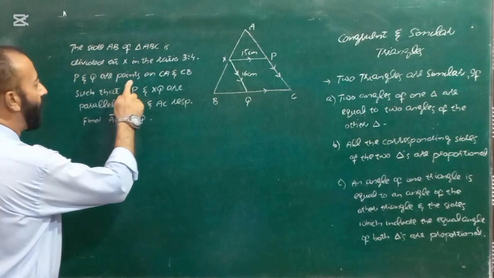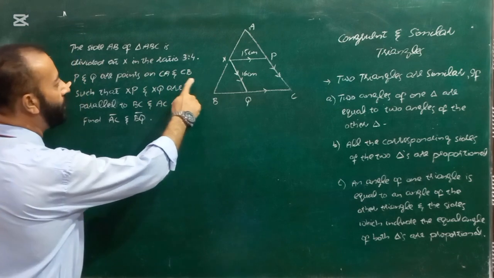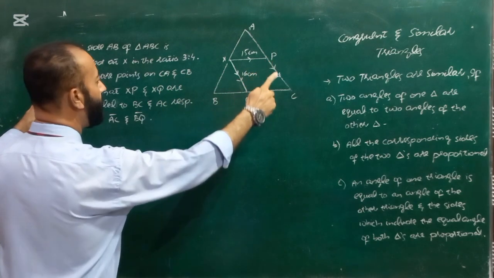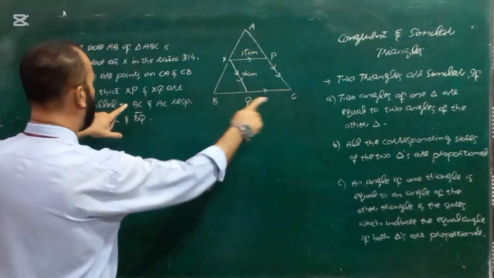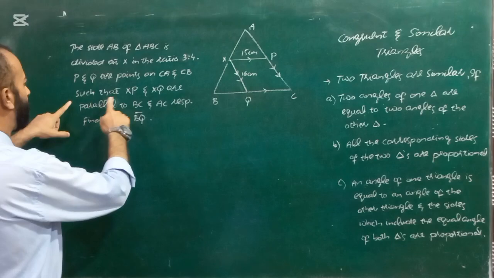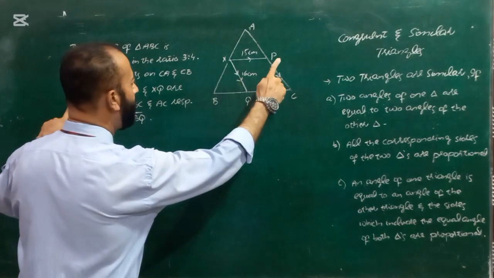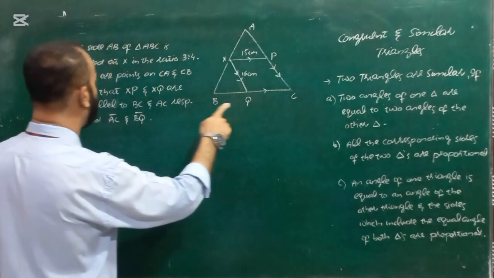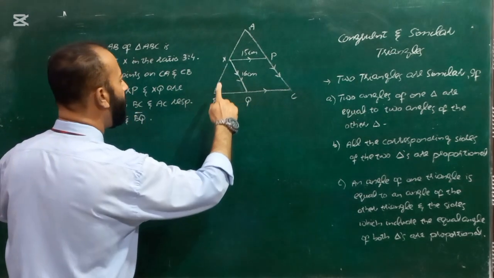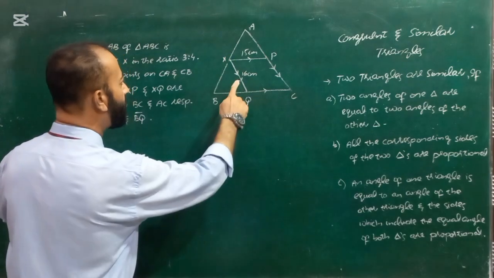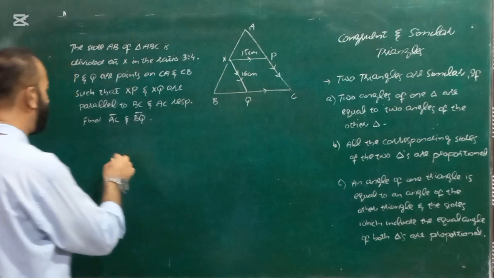P and Q are the points on CA and CB such that XP and XQ are parallel to BC and AC. Okay, signs are there that are showing they are parallel. So look now, solution here.